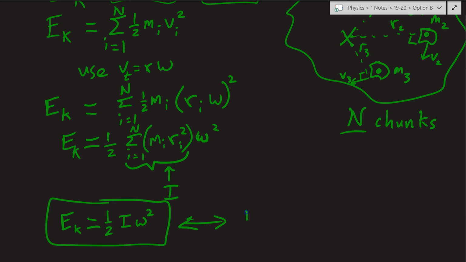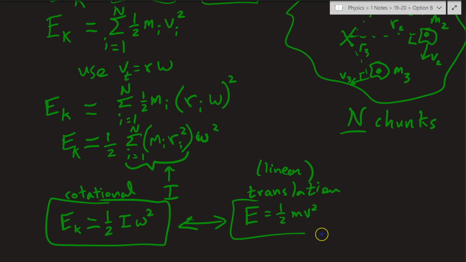Remember that that's rotational. The translational version, or linear, was 1/2 times mass times velocity squared.